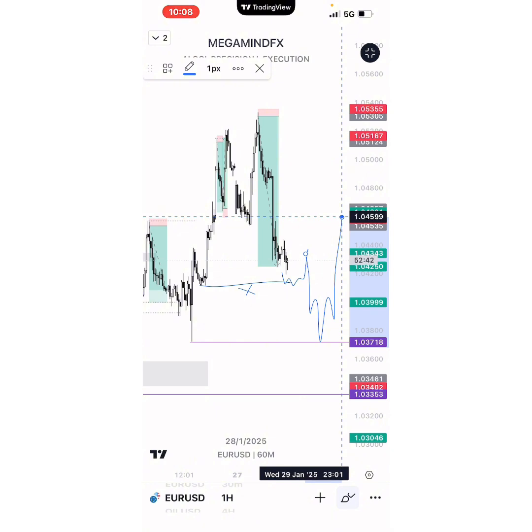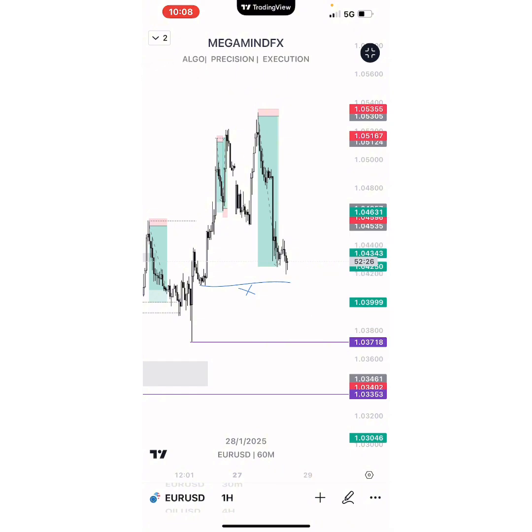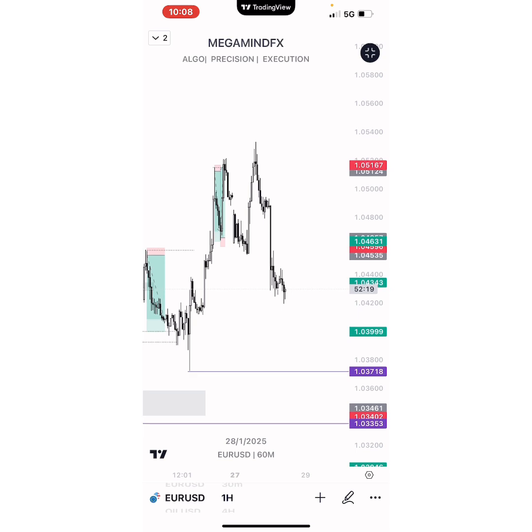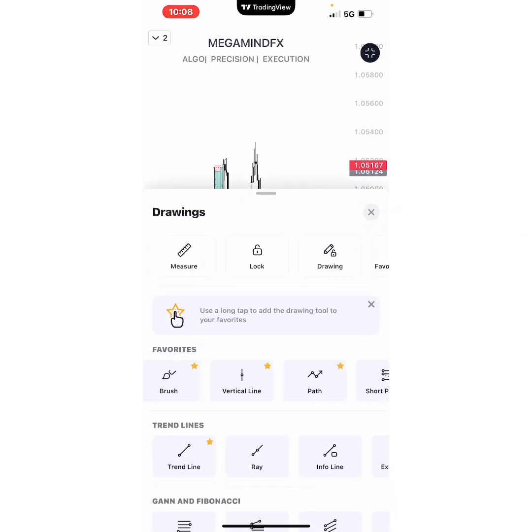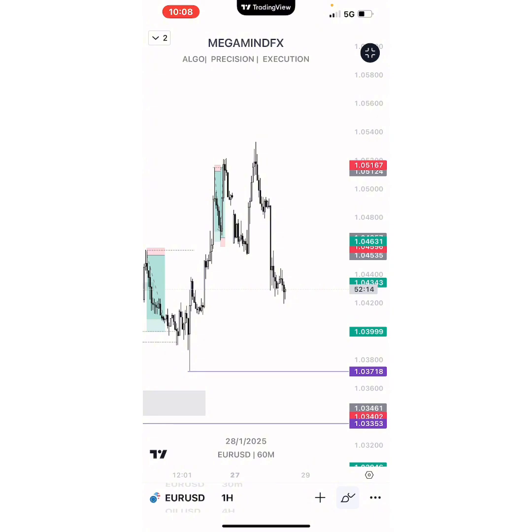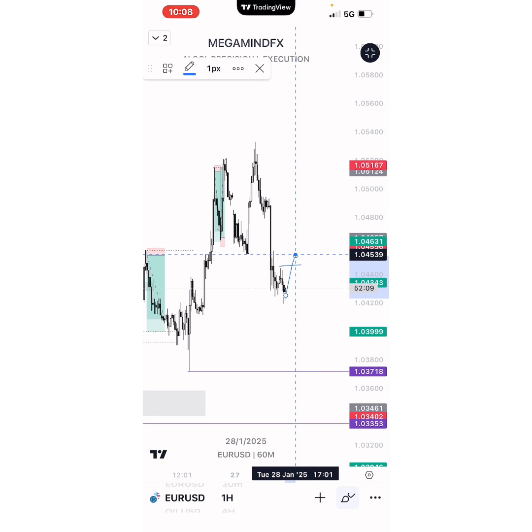So let's be open. There are other scenarios that can play out on EU too, so let me just paint that for you guys so you can see what I'm talking about. Now, the only reason why I would buy this market from where we are is when I have price take out this level. Price comes, takes out this level here, because I know that already we've taken out this last buy order flow.